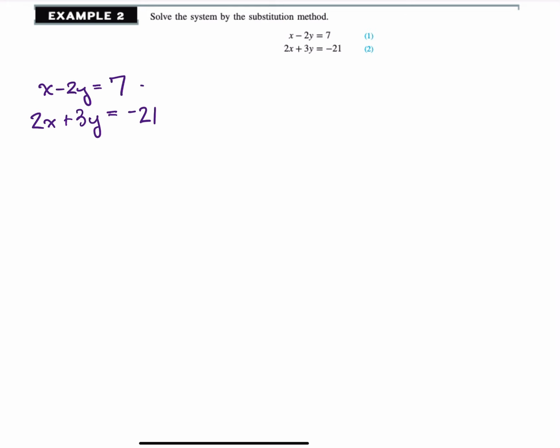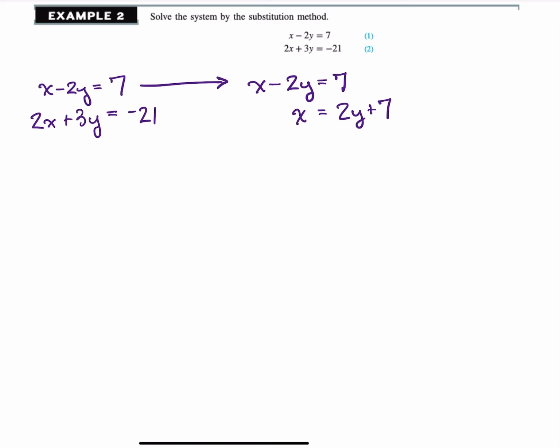Let's just take the first equation, bring it over here. So we have x minus 2y equals 7. Let's solve this one for x, because it looks like we'll just have to add the 2y over. So we can say x equals 2y plus 7. It'll be positive on the right side.